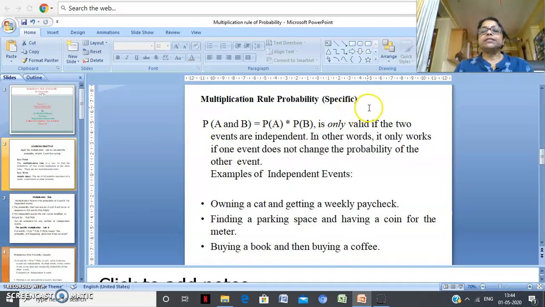The specific rule is only valid if the two events are independent. In other words, it only works if one event does not change the probability of the other event. Examples of independent events: owning a cat and getting a weekly paycheck, finding a parking space and having a coin for the meter, buying a book and then buying a coffee.